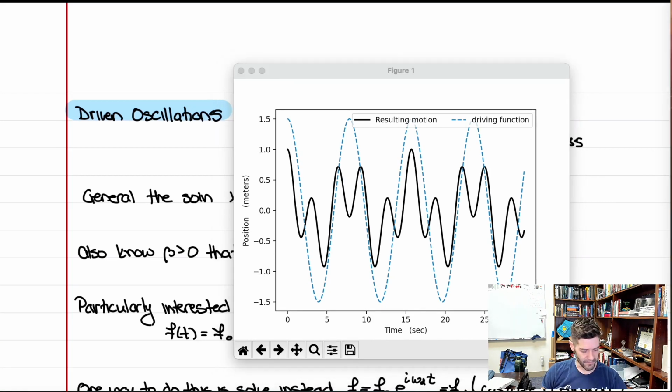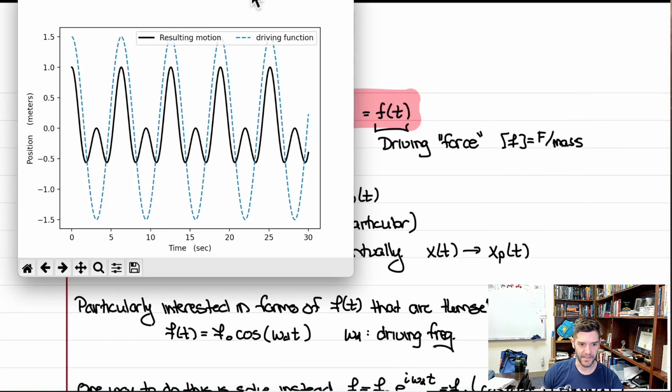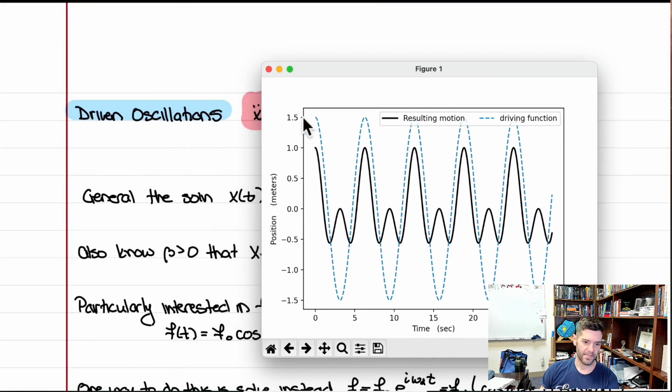Then if I make the driving frequency exactly half the natural frequency, it's not quite resonance, but essentially the natural frequency wants to complete an oscillation every half period of the driving function. So notice here they're aligned, then here they're anti-aligned, here they're aligned, here they're anti-aligned, etc. And notice what's happening.